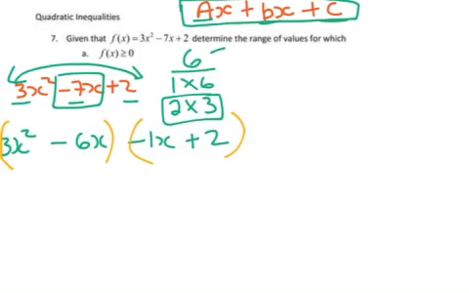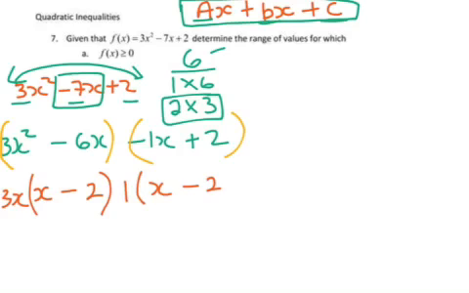Alright, so by factoring 3x, let me write this properly, minus 2. And by factoring this, we'll have 1 on the outside, x on the inside, minus 2. And this should be minus 1.